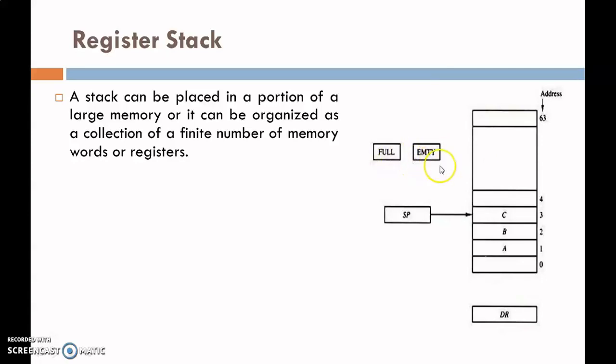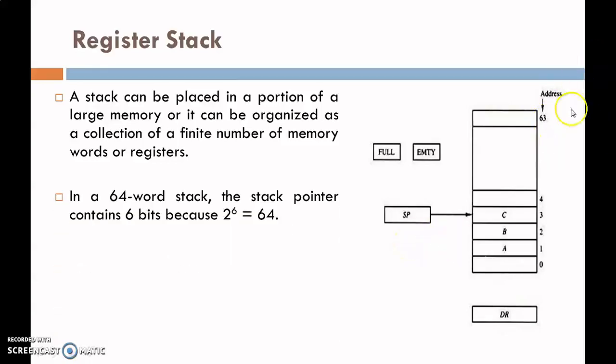For that, full and empty 1-bit registers are used. DR is a data register. It contains the binary data which is stored in this stack, or the data retrieved from the stack is stored in the data register. SP is a stack pointer which points to the last data on the stack.